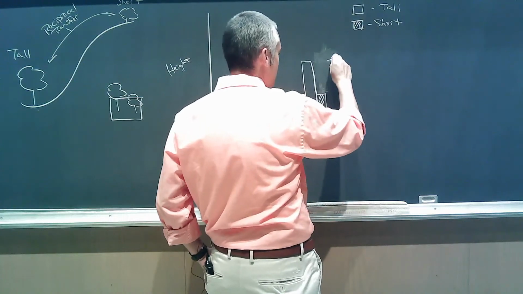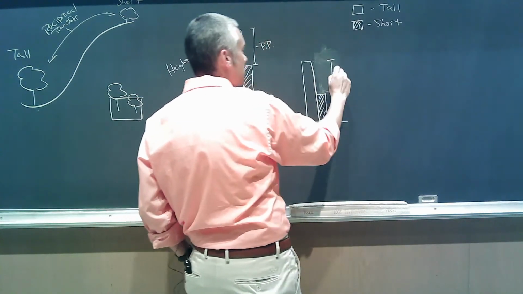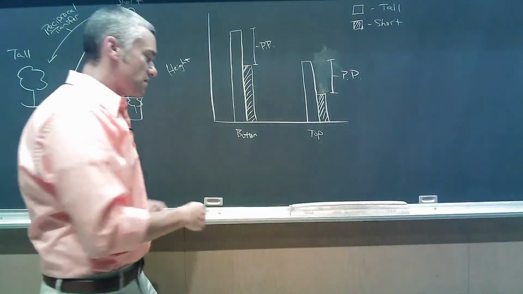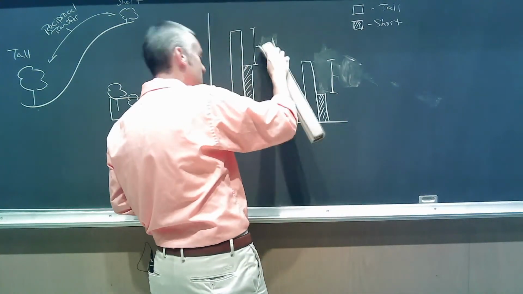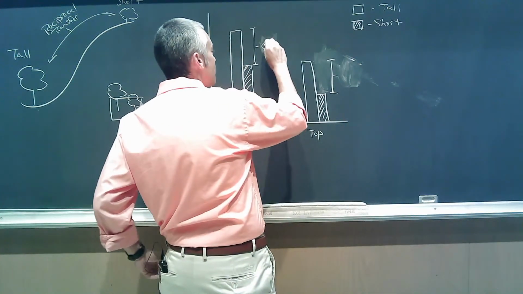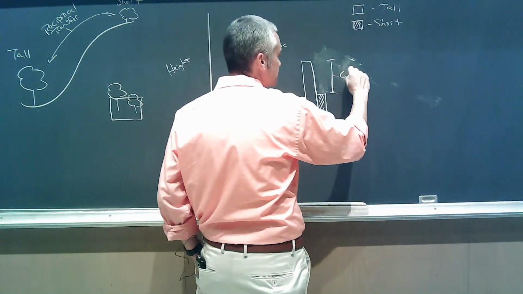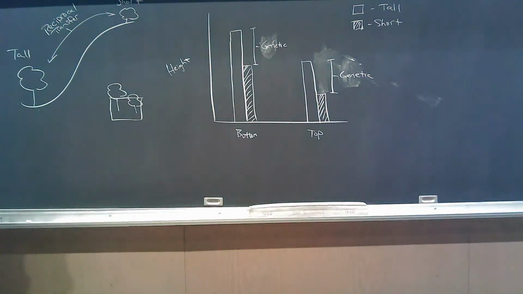So, these differences are our phenotypic plasticity. I'm sorry. Not those differences. Those are genetics. They're the differences that persisted. We've grown them in the same environment. We still have differences in our height. That's due to our genetics.